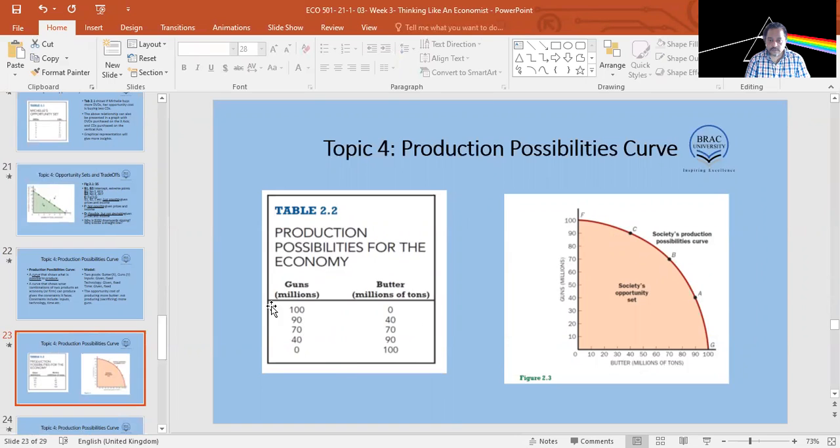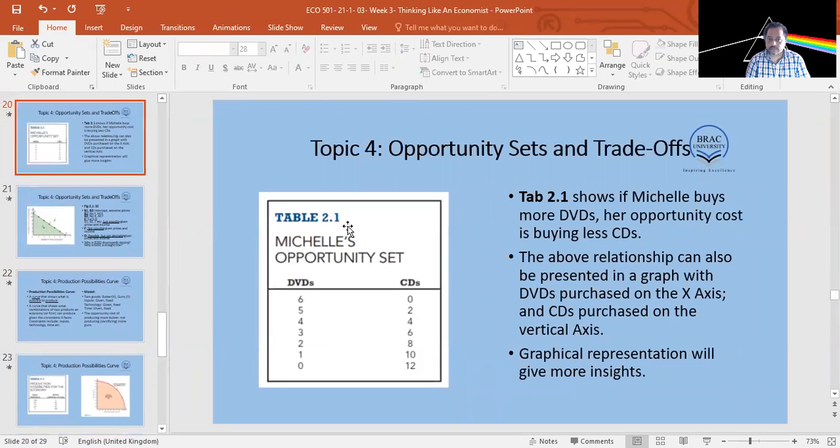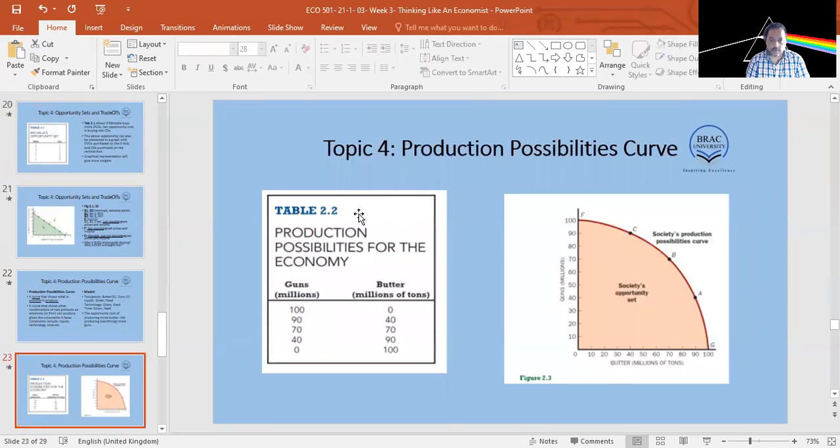This graph is very similar to this graph, table 2.1. In table 2.1, we had DVDs on the x-axis, CDs on the y-axis. In table 2.2, we have guns on the y-axis and butter on the x-axis. What's the difference?